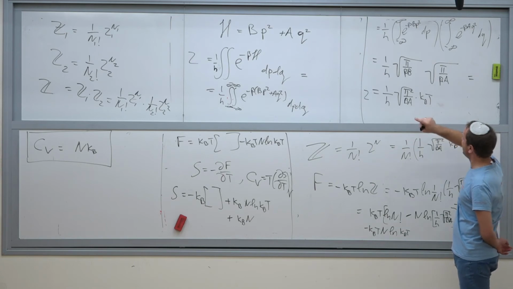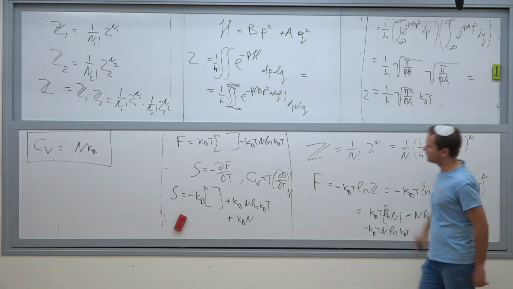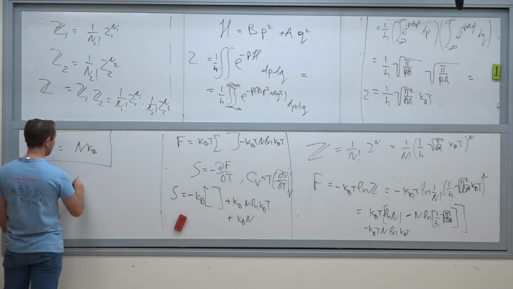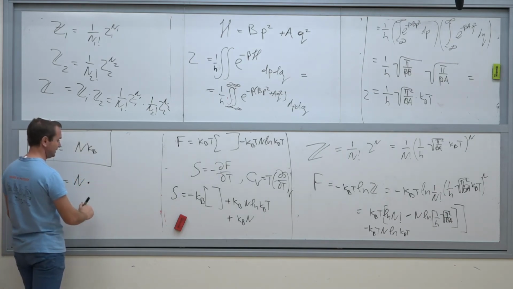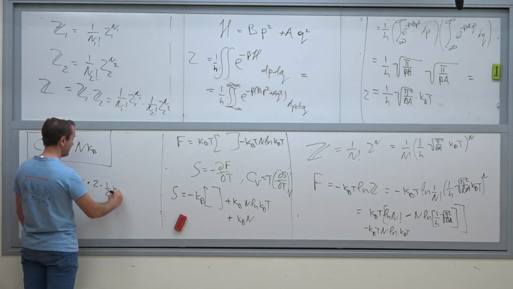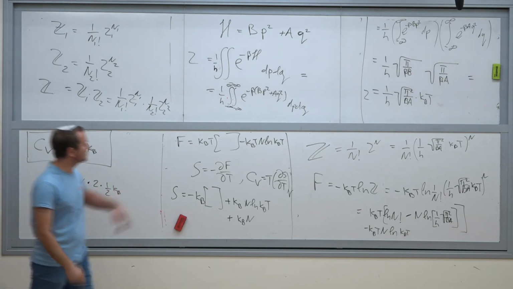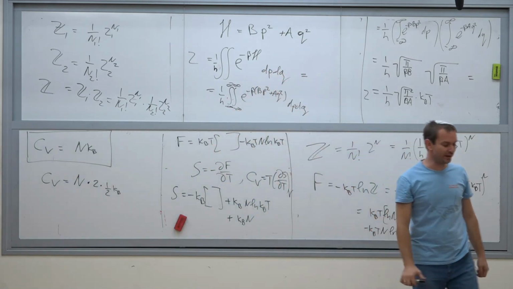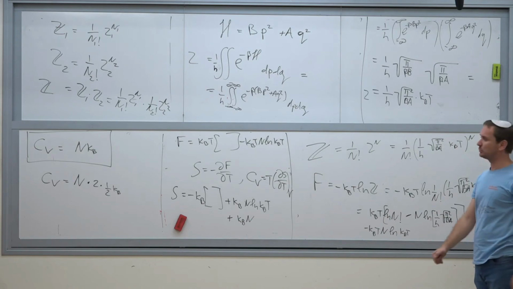So this I can also write as CV equals n multiplied by 2 multiplied by 1/2 k Boltzmann. So I started with two contributions to my general energy. Each of them was quadratic.